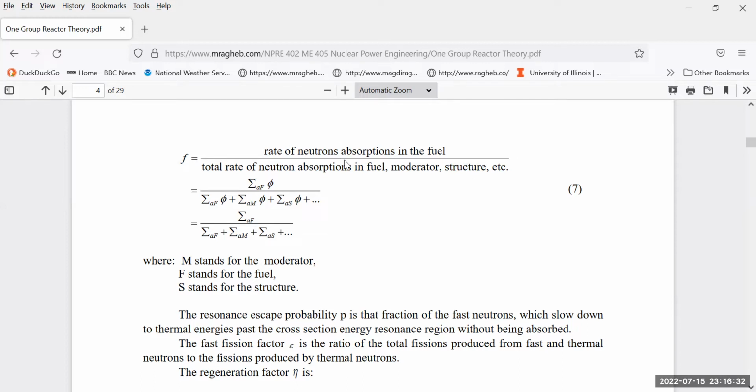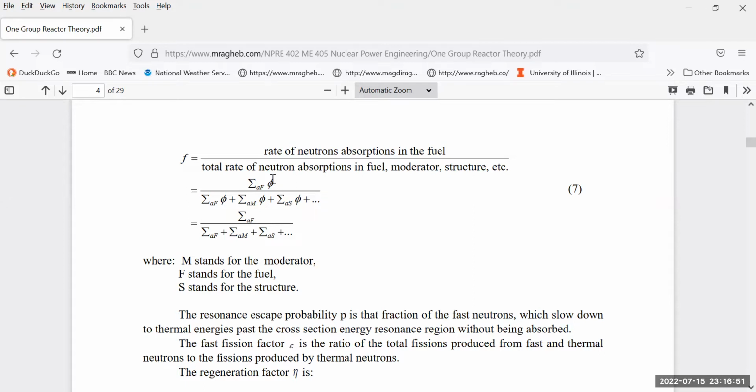So what is the rate of absorption? It's the neutron flux multiplied into the macroscopic absorption cross-section divided by, again, the total rate of neutron absorption in the fuel plus in the moderator plus in the structure and so on.